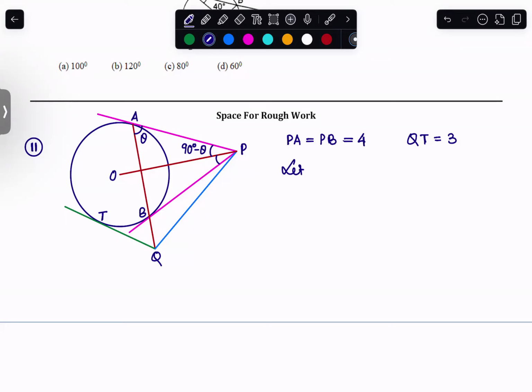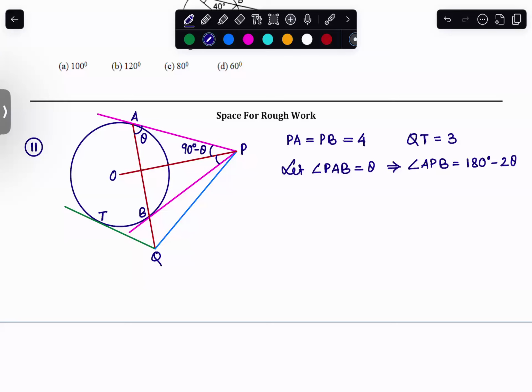So let angle PAB is theta. That has given us angle APB being 180 degree minus 2 theta.